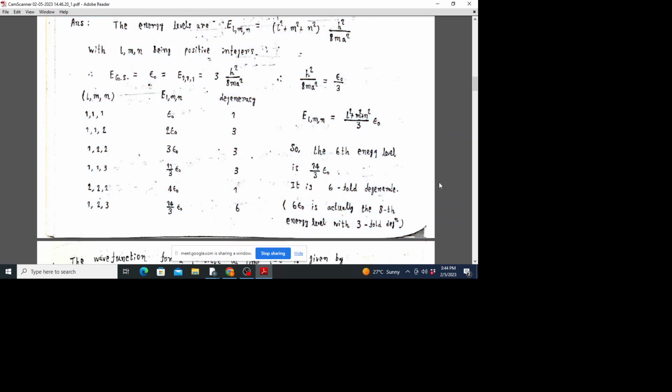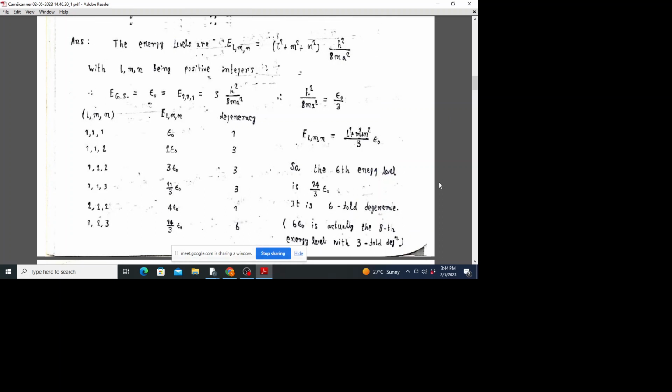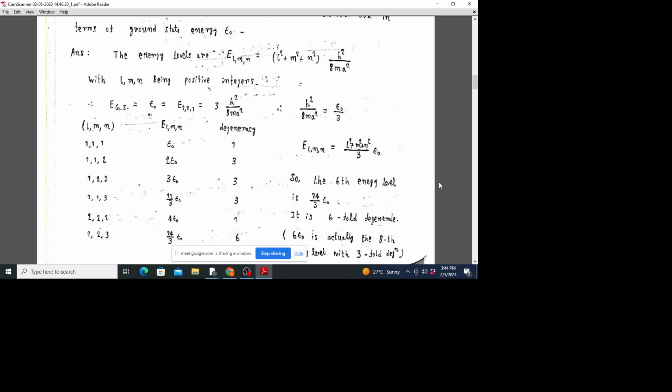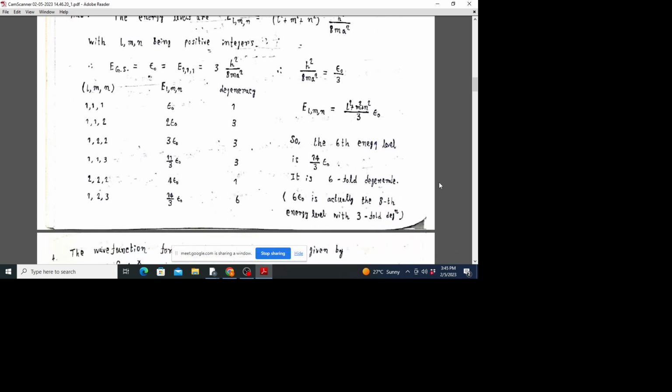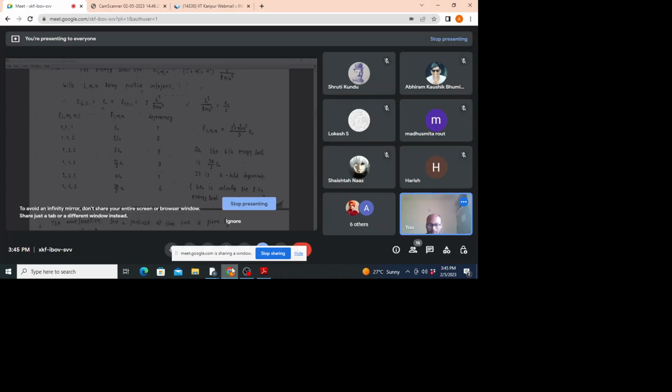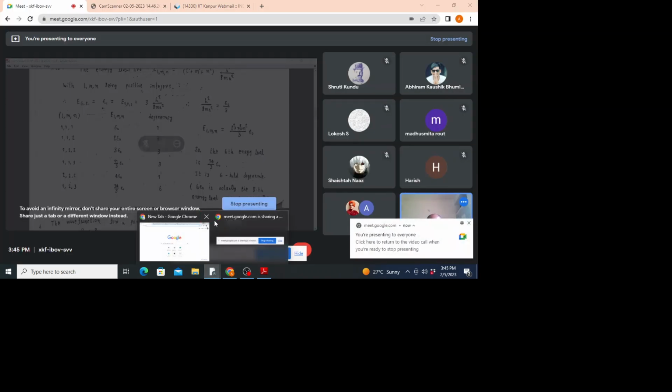Okay, so here I have looked at the assignment question and I think there is some mistake in the question. In the question you needed to find the degeneracy of the energy level 6 epsilon naught.